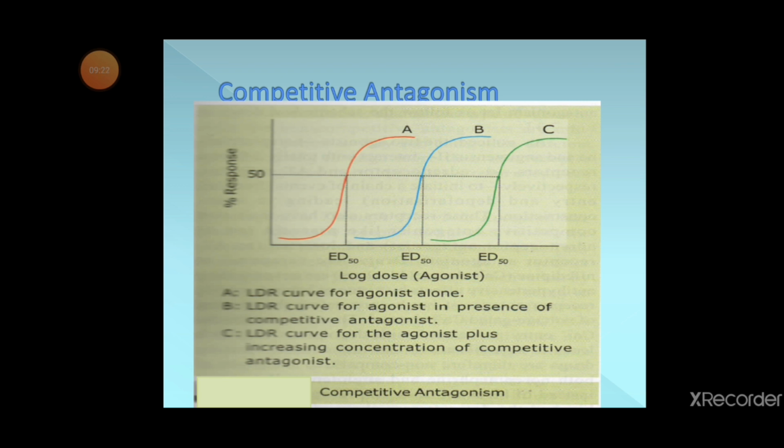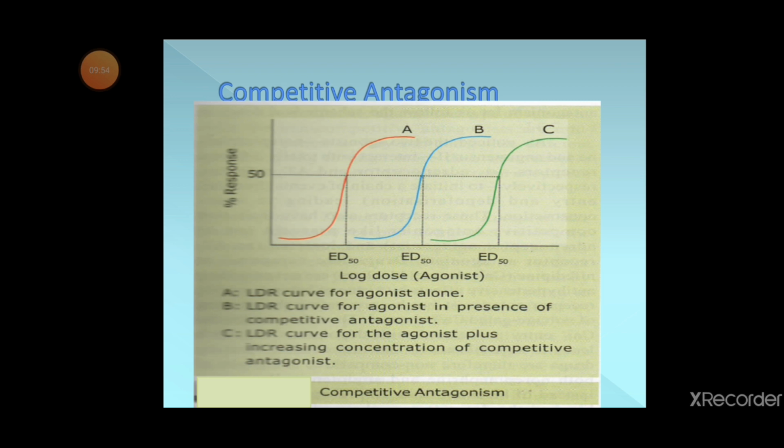So when the agonist alone is given, we obtain curve A. When agonist is given in presence of antagonist, we obtain B curve. As we have discussed in the previous session on potency, what effect on potency is obtained when the agonist is given along with antagonist?